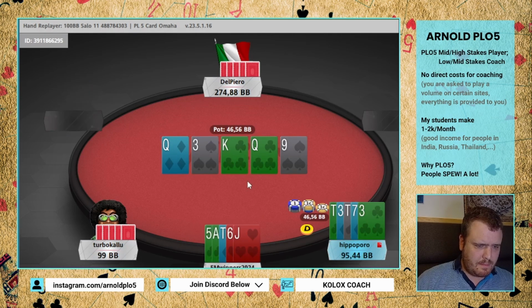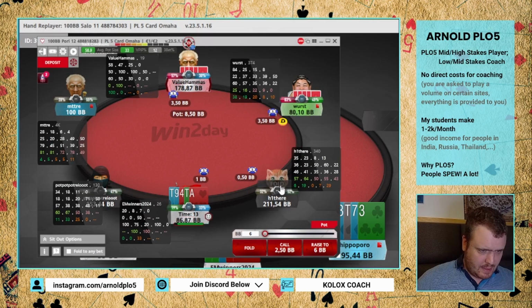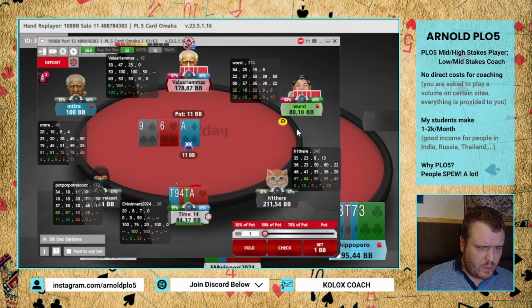I usually play it fast when I have at least some showdown value. But I don't want to get it in against a similar hand with showdown value, then I don't have a lot of equity. So this could also be, it's a little bit weak too.